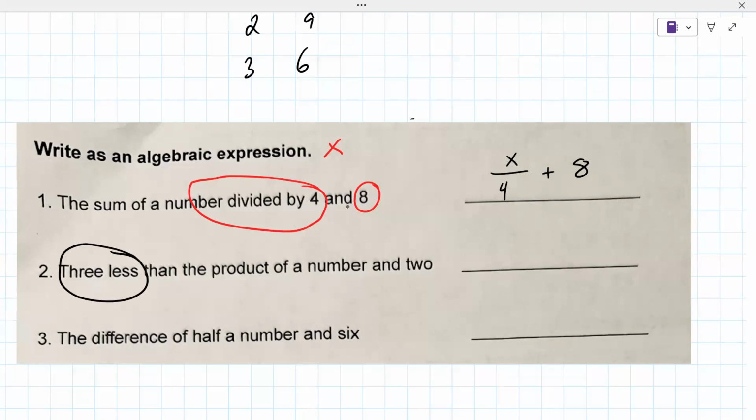So the 3 less always comes after. So x times 3. Yeah, you typically want the number in front of the variable as a preference. Okay.